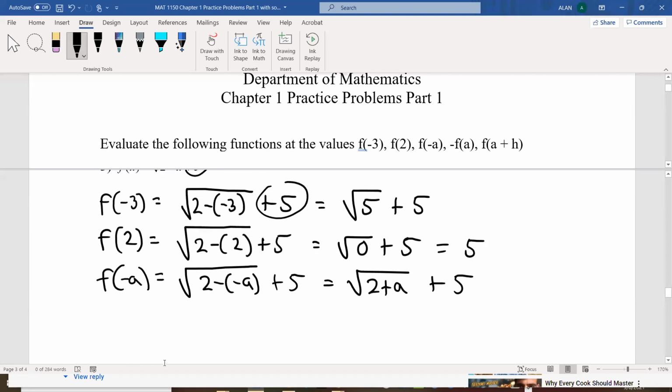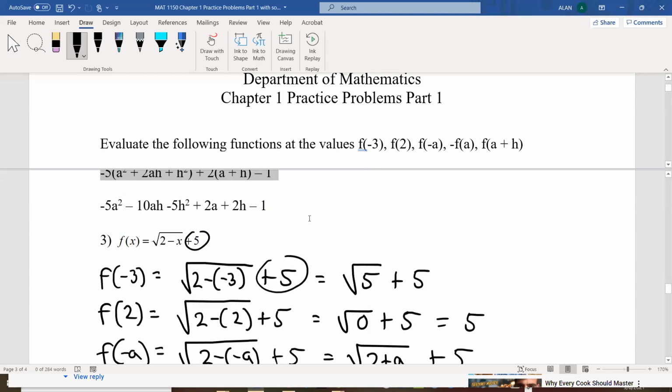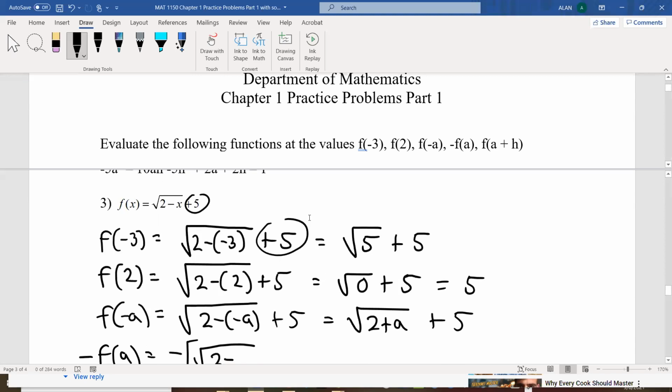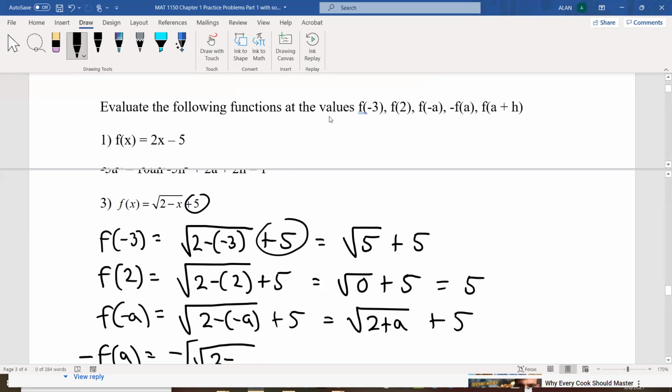The next one, now again, negative f of a. What you're actually doing is putting a negative sign out here. Now you're going to calculate f of a. It's radical 2 minus x.